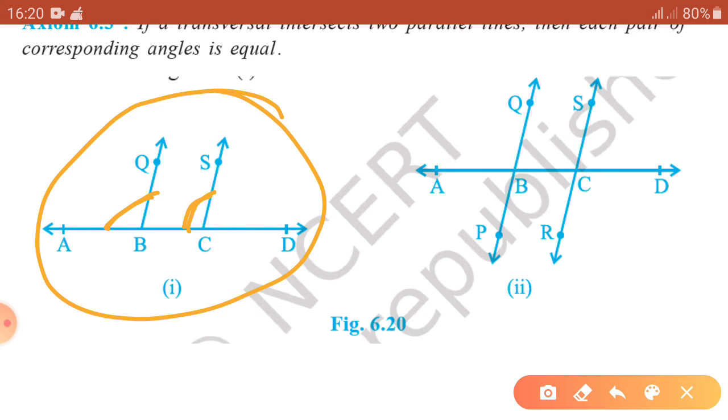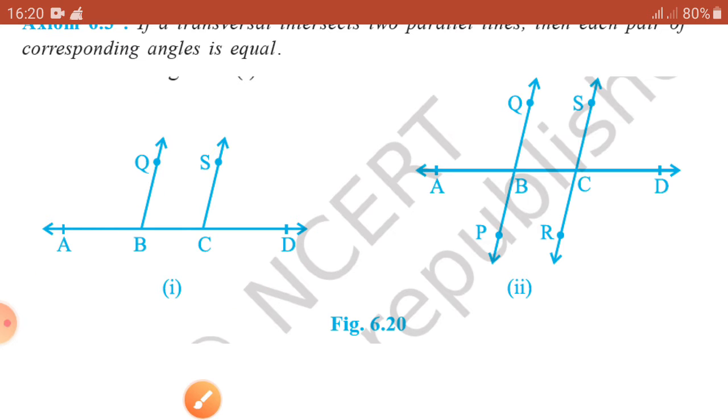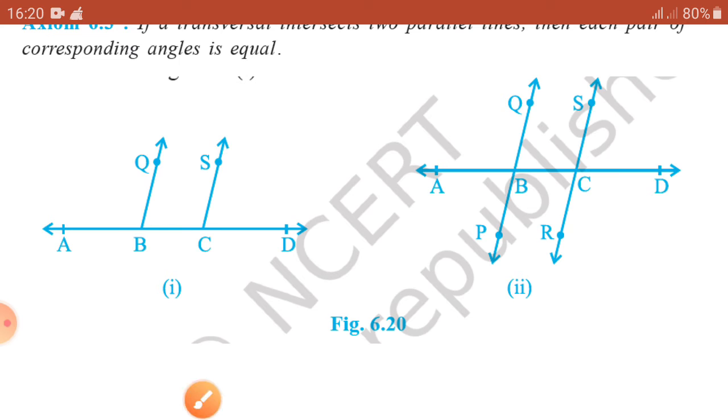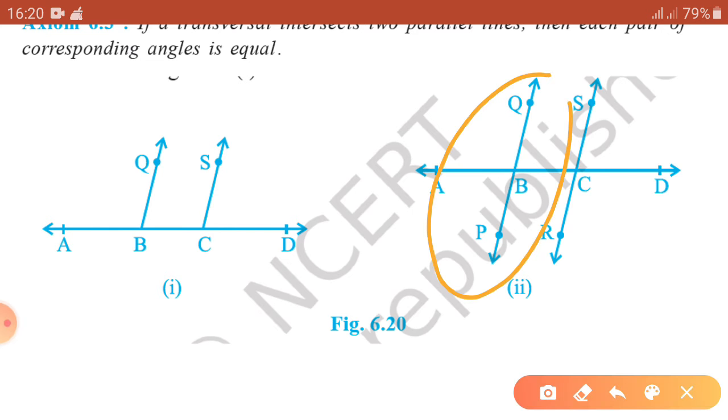Now look at figure number 2. Here we produce the lines QB and SC on the other side of AD to form two lines, PQ and RS.